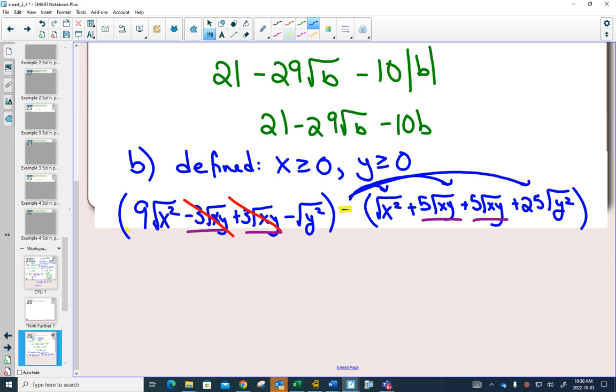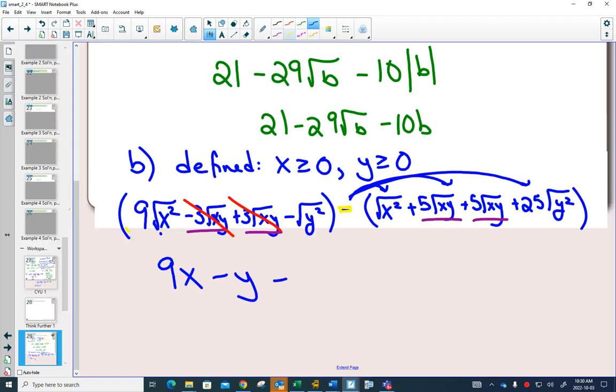So, a little bit of simplifying. What's the square root of x squared? It'll be the absolute value of x, but since x is positive to begin with, this is one we can just write 9x. Square root of y squared will be absolute value of y, but since y is positive, we can just write that as minus y.